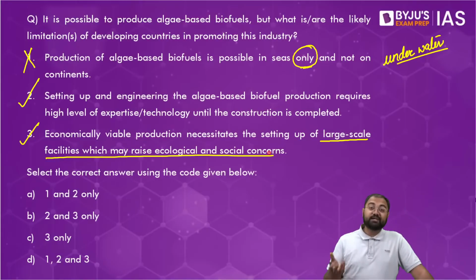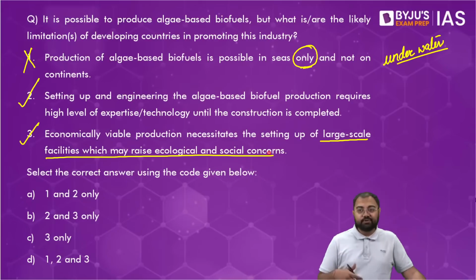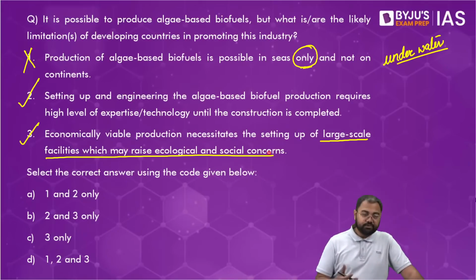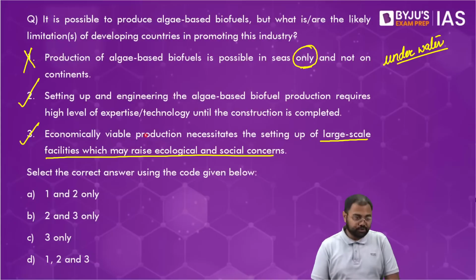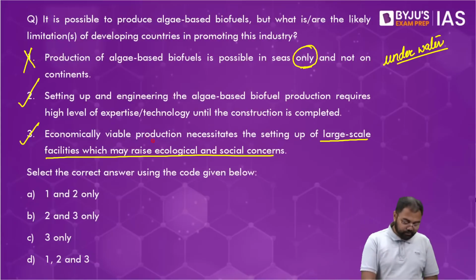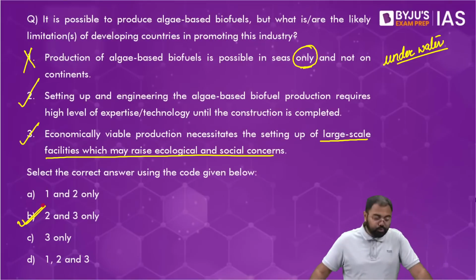If you are trying to grow algae artificially in any aquatic ecosystem, then you are going to harm and change that ecosystem, and that may not be good for all the other plant and animal species growing in it. So it will raise ecological concerns for sure. So in a manner, both these statements, statement numbers 2 and 3, are correct.